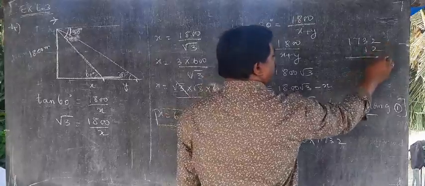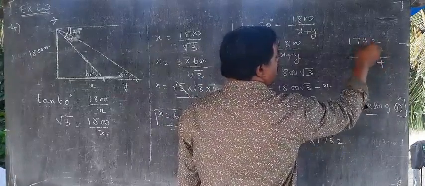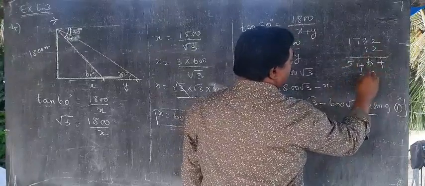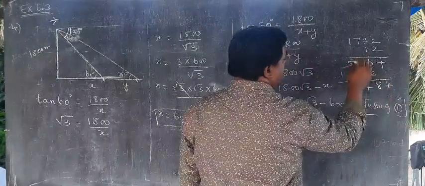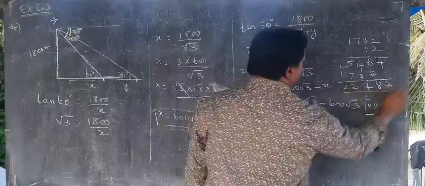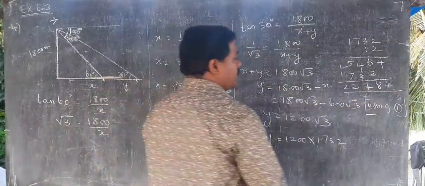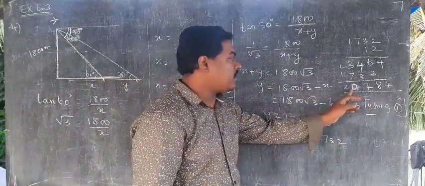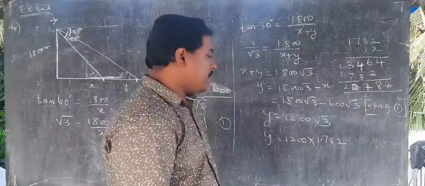So 2 into 2 is 4, 2 into 3 is 6, 2 into 7 is 14, 2 into 1 is 2 plus 1 is 3, and so on. We get the answer 20784 as the product.